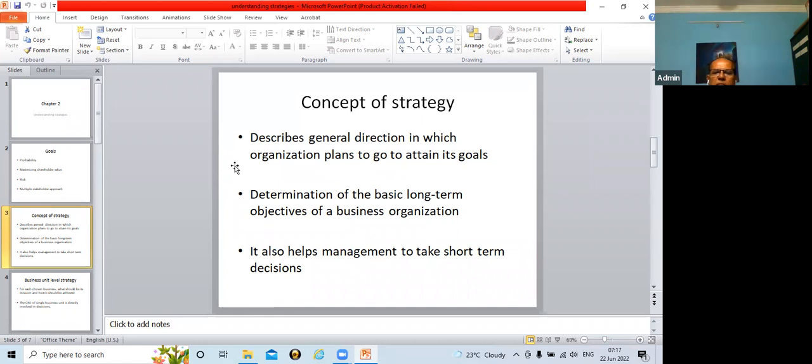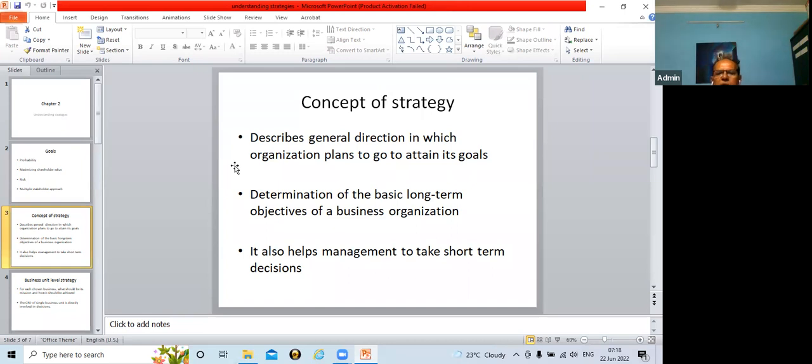It describes the general direction in which an organization plans to go to attain its goal. So this is nothing but a direction on how to achieve our particular goal, and that direction is narrated through strategy.